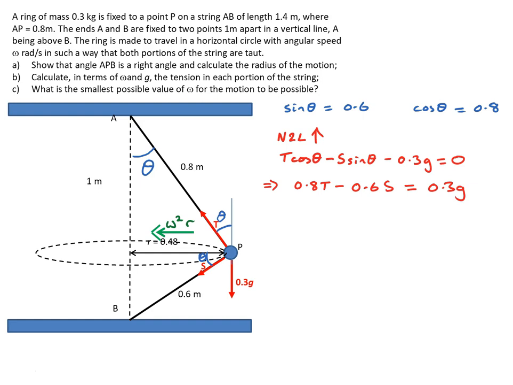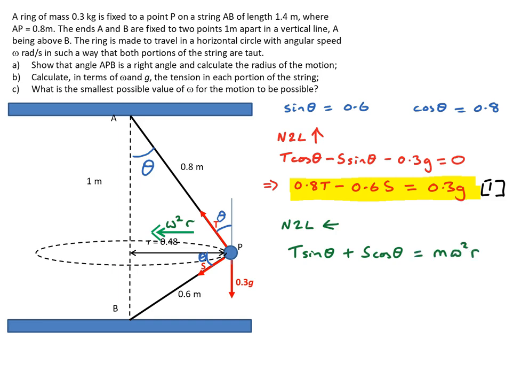If we apply Newton's second law horizontally towards the centre of the motion, so that's horizontally to the left in our diagram, then we obtain the horizontal component of T, which is going to be T sine theta, together with the horizontal component of S, which is also acting to the left, so that's going to be S cos theta, must equal the mass times the acceleration, which is m omega squared r.